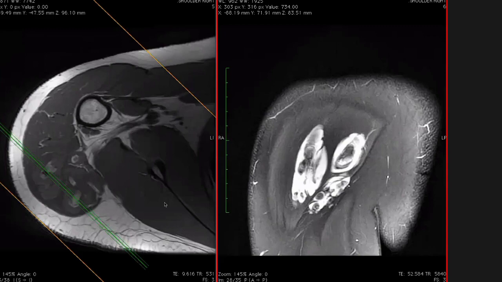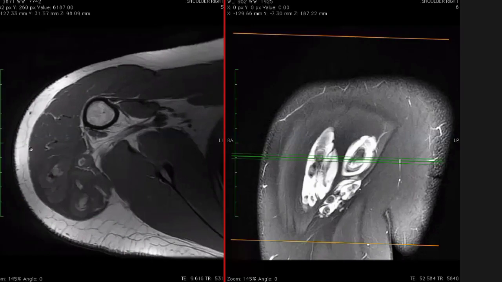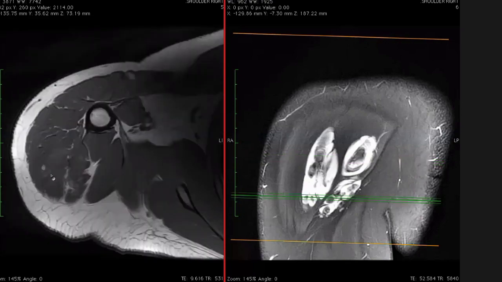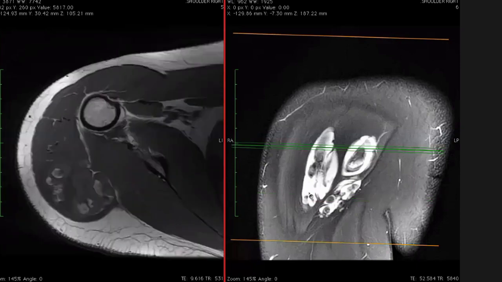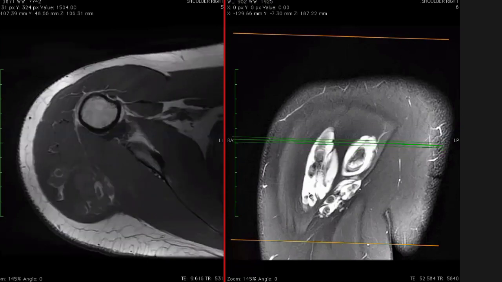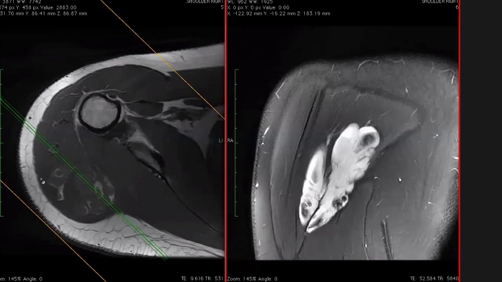And what about this structure there? Because we saw them to be rounded, hypointense on T2. This is plain T1.